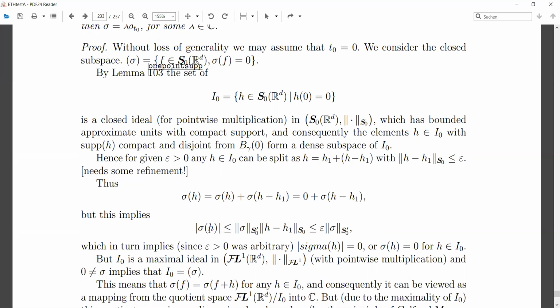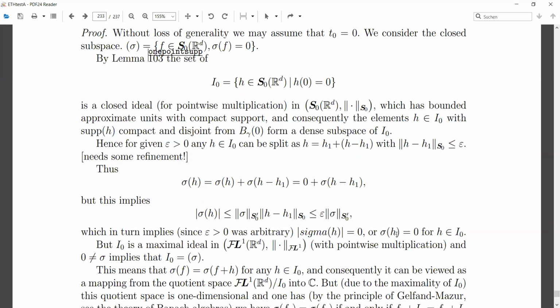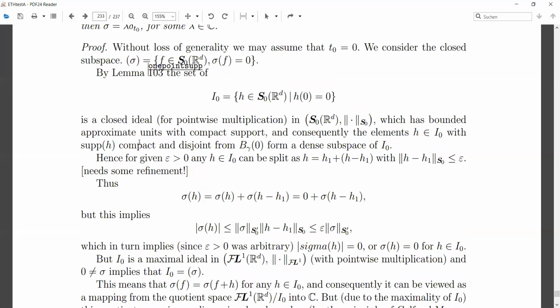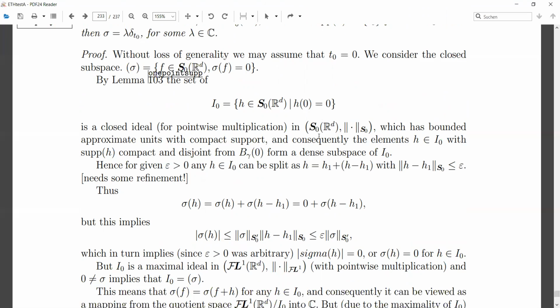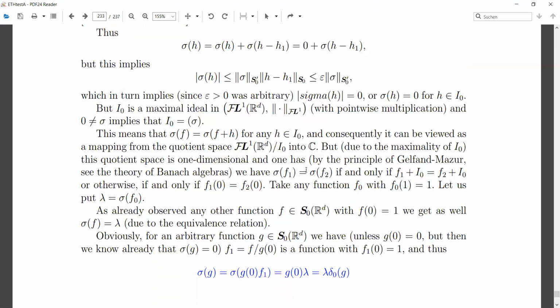So sigma of h is smaller than epsilon times some constant, but this is fixed, and this is true for every epsilon, which means that sigma of h is 0, and that means, of course, that we are in this ideal. Now, this ideal is a maximal ideal. That means you cannot enlarge it. If you add a function which has a non-zero value here, you get all of S0. So every function can be split.